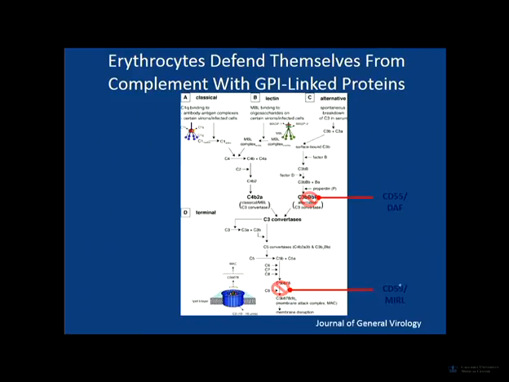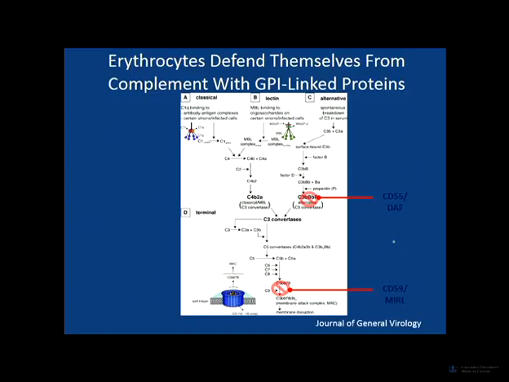And there's another protein, which again is anchored to the red blood cell membrane by this GPI anchor. It's called CD59, or MIRL, membrane inhibitor of reactive lysis. And without these proteins, the red blood cell becomes susceptible to hemolysis mediated by complement.